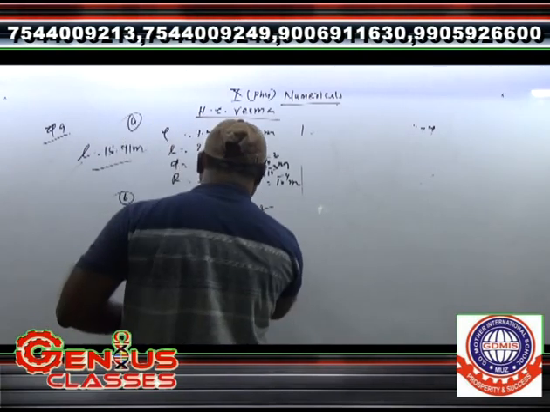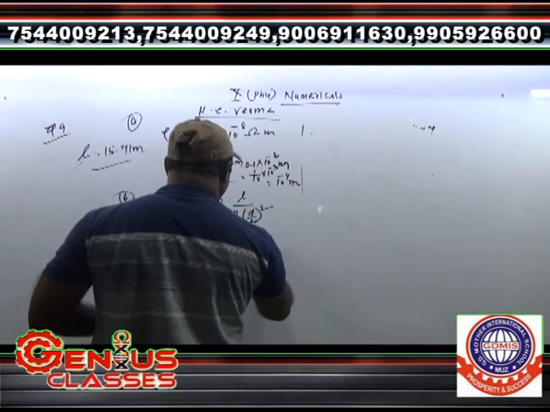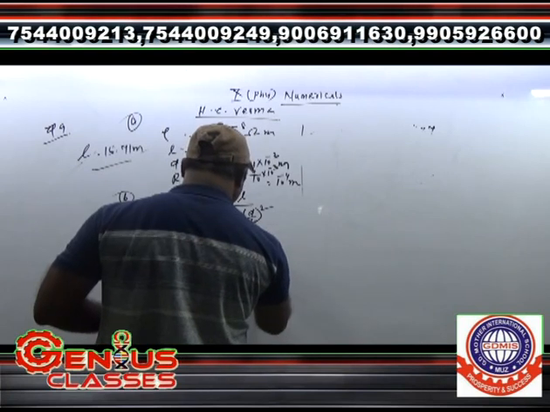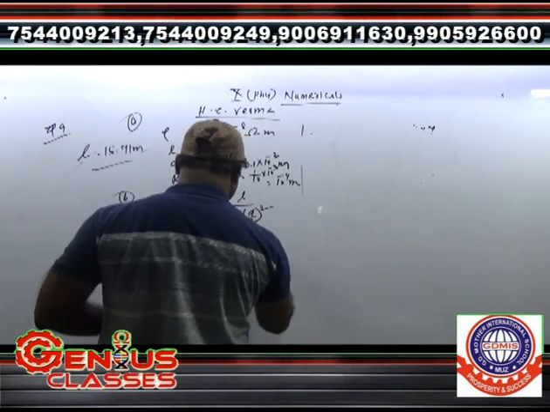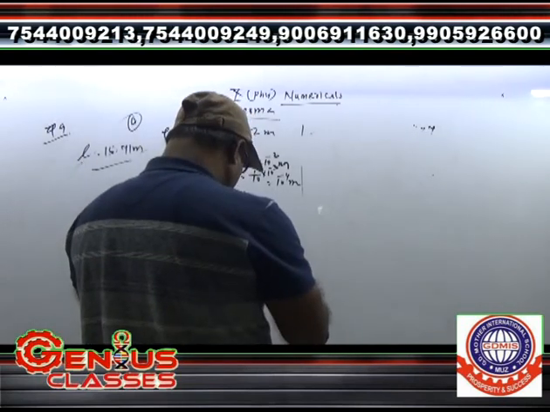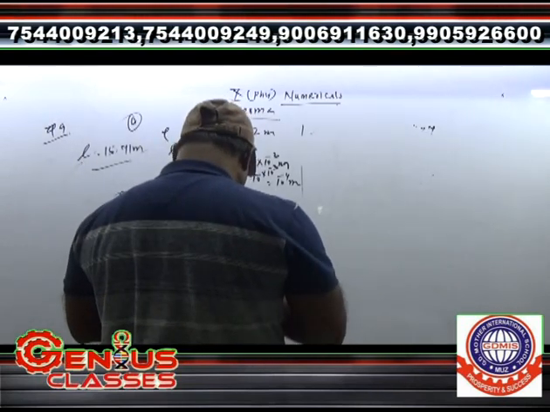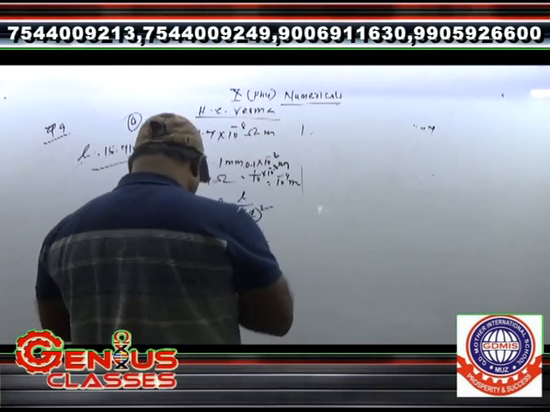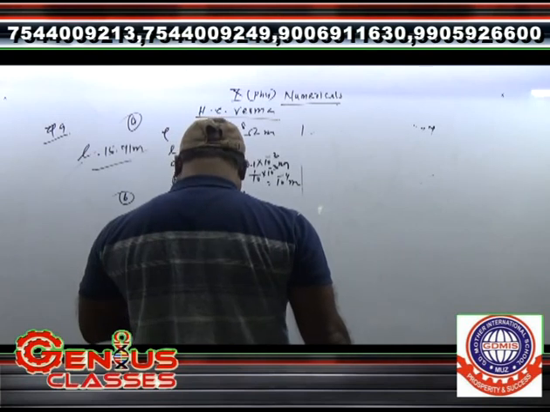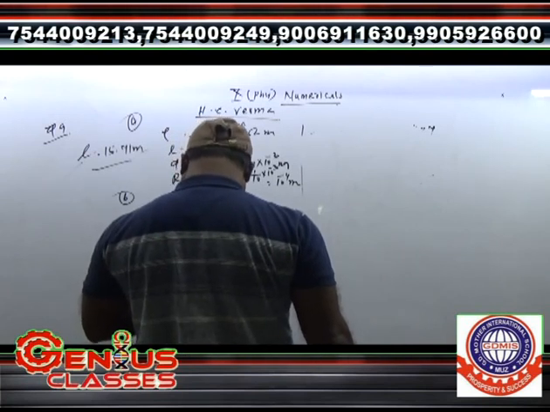It is rho L into 4 by pi D squared. What is the ratio of the resistance of the second wire to that of the first wire?